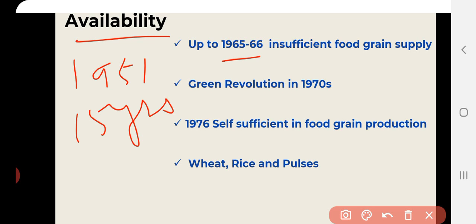span from 1951 to 1965-66, India had not attained self-sufficiency in the production of food grains. Insufficient food grain supply was there in the country.